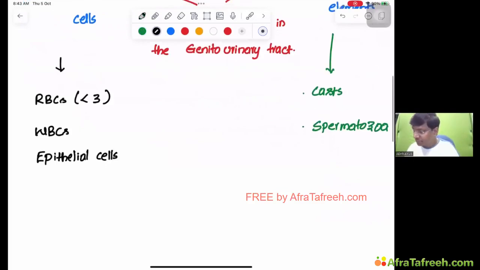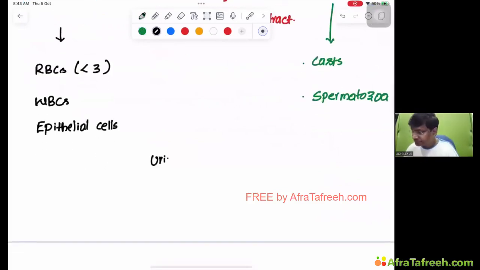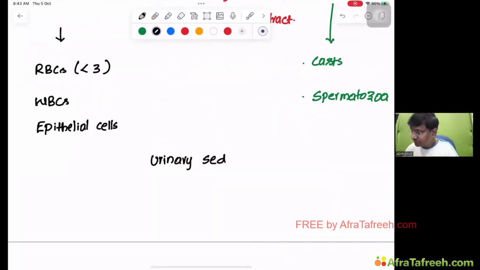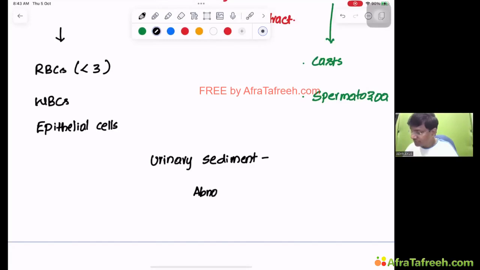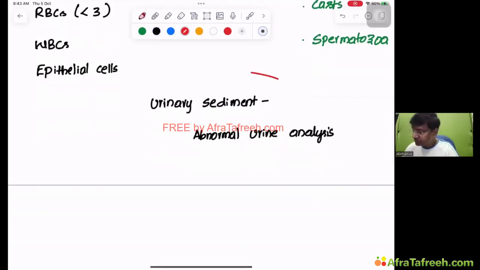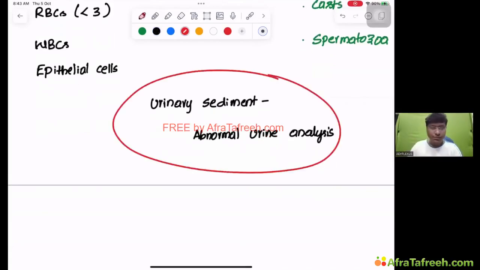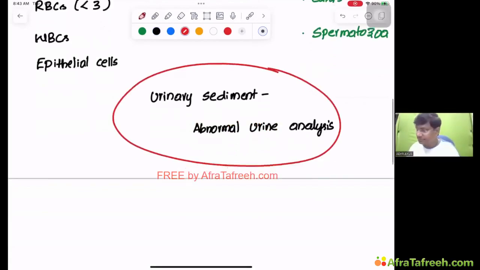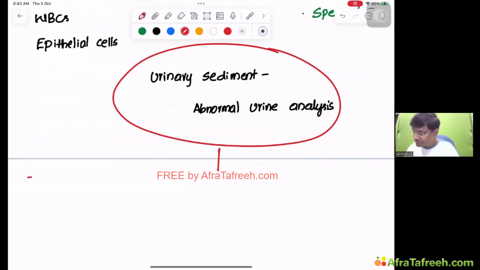So if you take the abnormal urine analysis, which we consider as urinary sediment, what all will be there in the abnormal urine analysis?